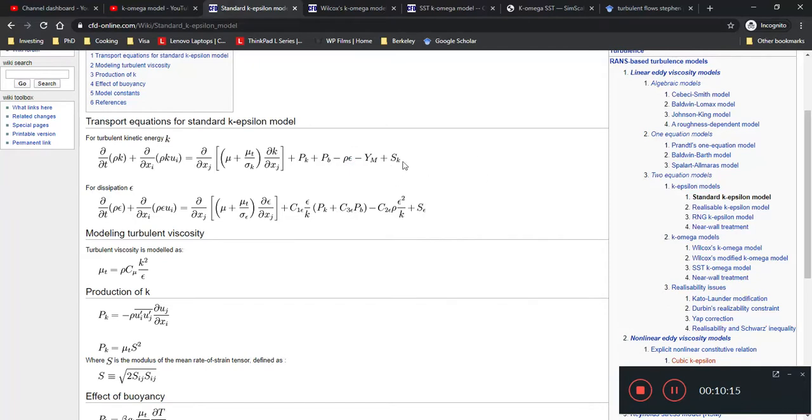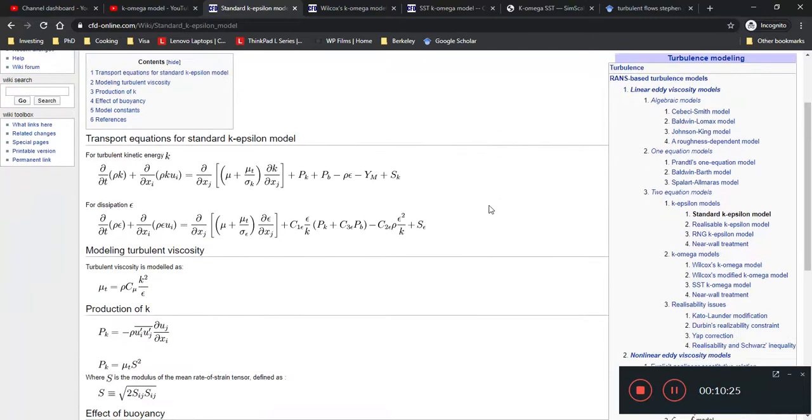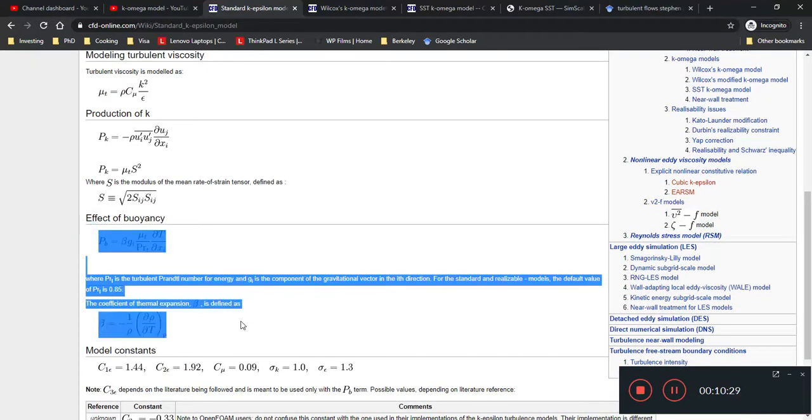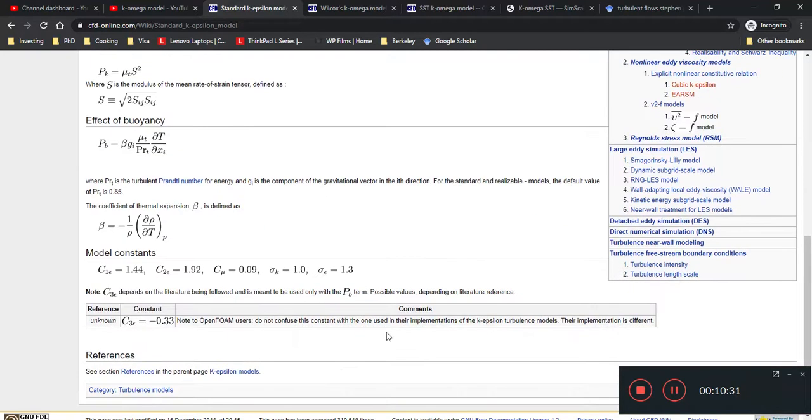The source term, S_k here, is just arbitrary for you to insert your own source of turbulent kinetic energy, so just ignore. P_b is a buoyancy term, which for the purposes of this video I also ignore.